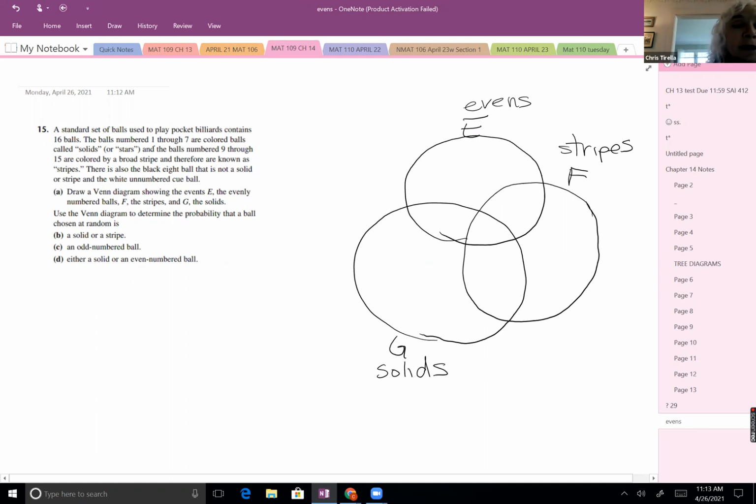So let's see. I don't think there should be any overlap here. I don't think any of the solids are also stripes, but there's our 3-loop Venn diagram.